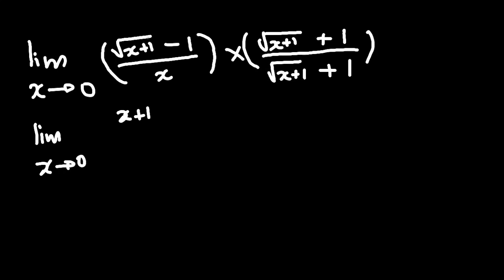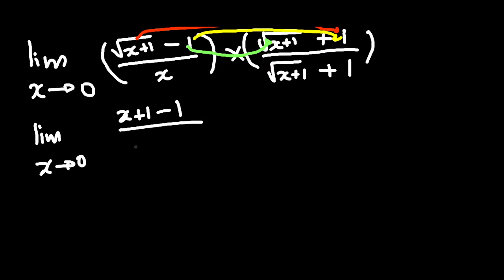Then this part times this one, and they cancel out and give me 0. When I say 1 times 1, I get negative 1, because it's negative 1 times positive 1. That gives me negative 1, and I divide by my x, leaving x times the square root of x plus 1.